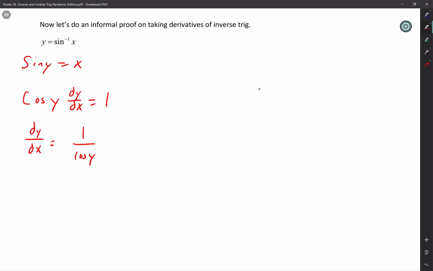But I don't want to have my derivative in terms of a y value. I want to have it in terms of x. So I come over here and do a side note. Cosine squared y plus sine squared y equals 1. Yes or no? So then I'm going to isolate the cosine y. You can already see what I'm doing.